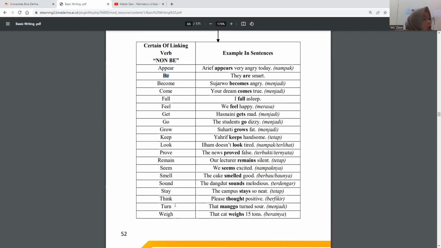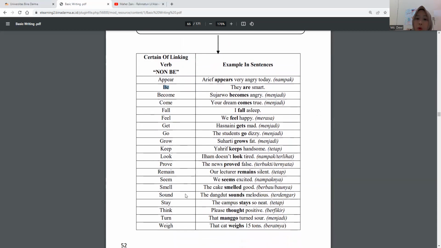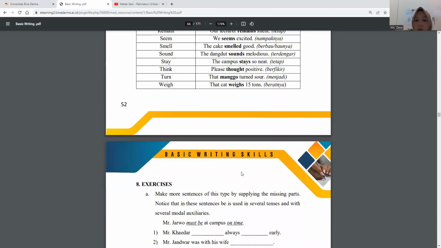Turn, that mango turns sour. And weigh, that cat weighs 15 tons. So if you want to make sentences with linking verb of non-be, you can use these words. So these are the linking verbs, and these are also the examples.